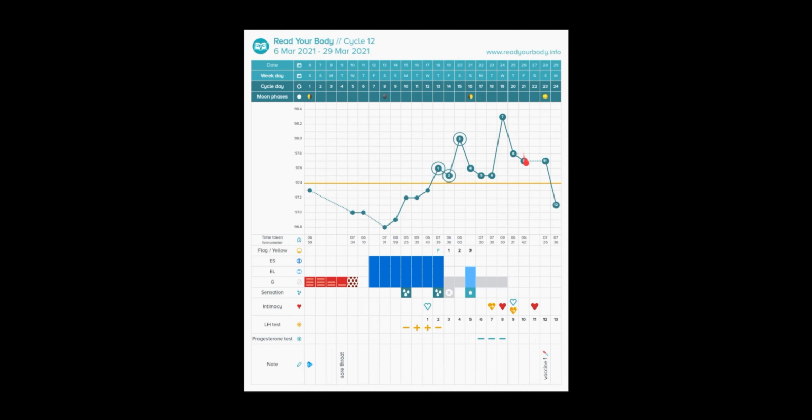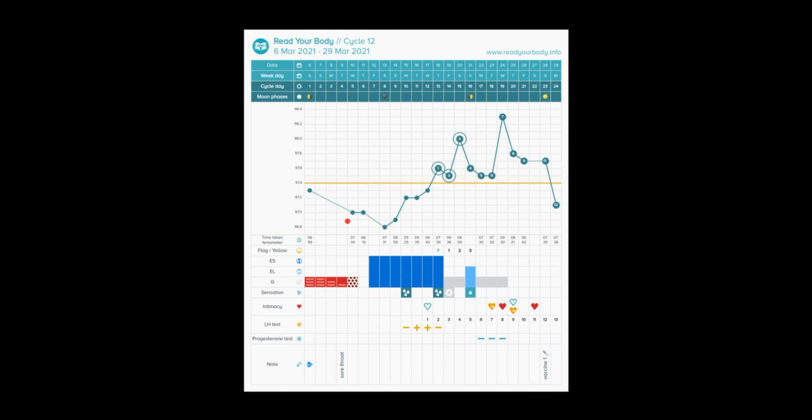Each day, with the fertility awareness method, particularly the symptothermal method, you wake up, and as soon as you wake up, you literally take your temperature with what's called a basal thermometer.